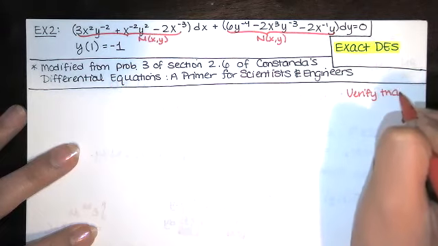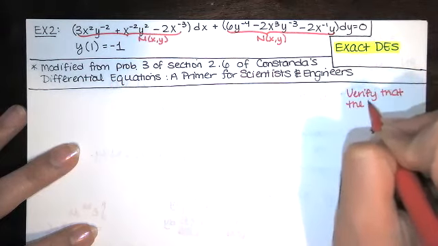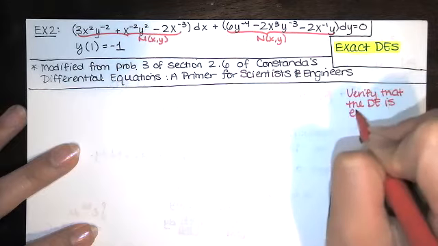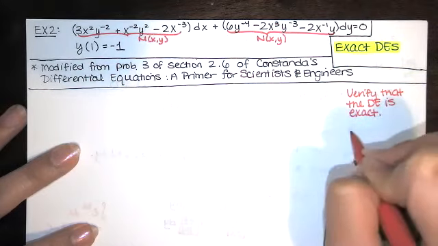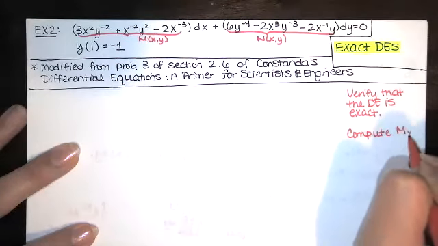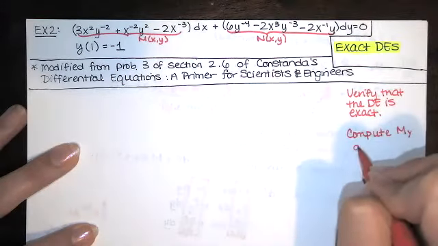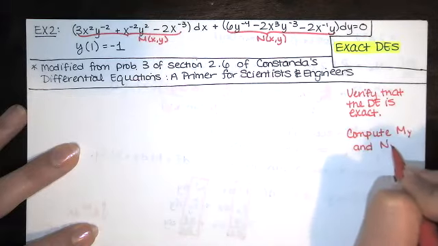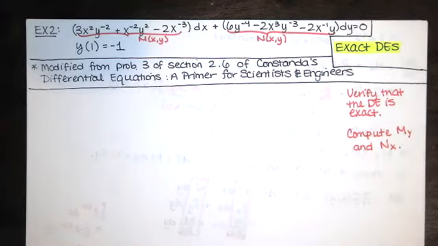So we'll start by doing that. You're going to compute the partial of M with respect to y. That's how we notate that with subscript notation. And the partial of N with respect to x in subscript notation. If they're equal, it's exact.